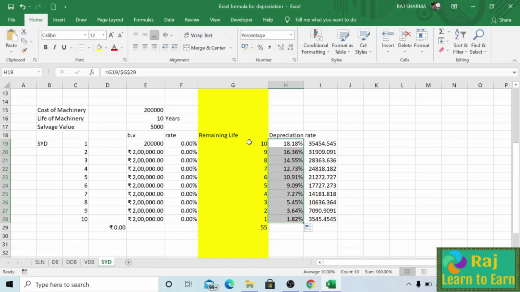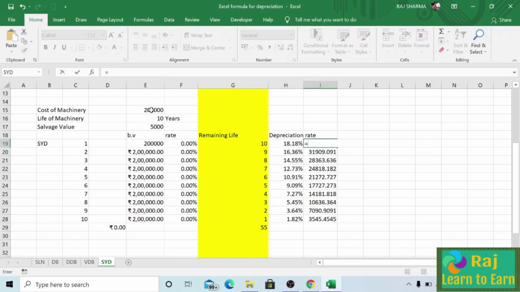So in the first year, my depreciation rate will be 18.18 and depreciation will be 35,454. How has it been calculated? That is simply the cost of machinery minus the salvage value, multiplied by the depreciation percentage. So it gives me this value, and then I will drag it to get the values for subsequent years also.